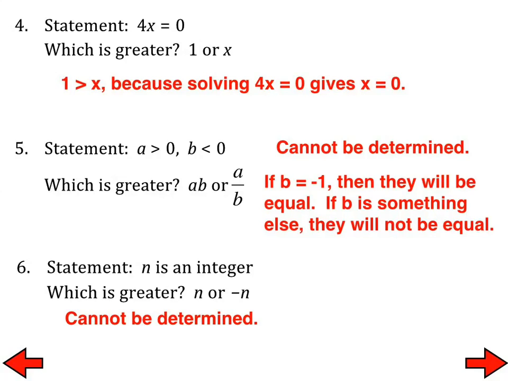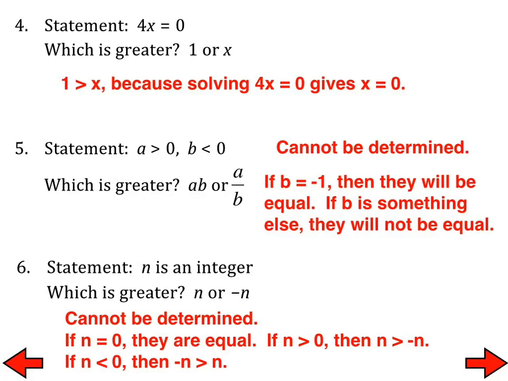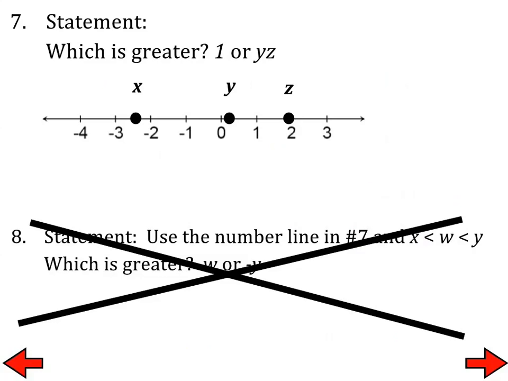Let's go to number 7. So in number 7, we don't know exactly what x is. It looks like it's around -2.5. We don't know exactly what y is. We know it's between 0 and 1, and it looks like it's less than 1/2, so somewhere between 0 and 1/2.